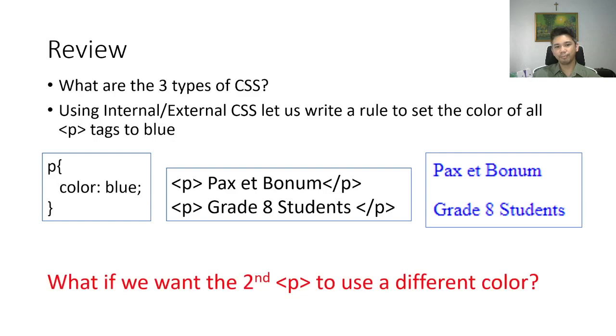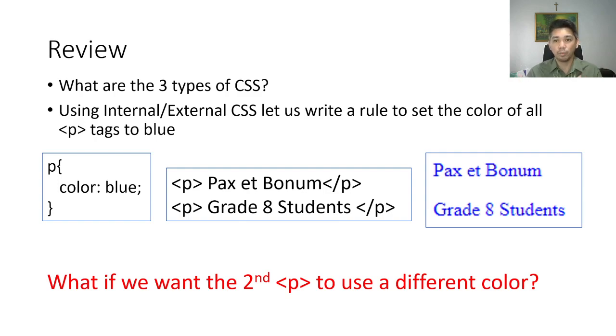But what if we want the second paragraph tag, meaning this one, to use a different color? Based on the current understanding that we have regarding CSS, do you think making the second paragraph use a different color is possible?